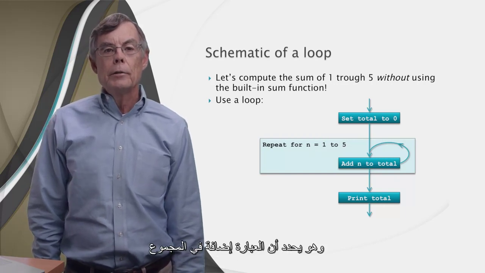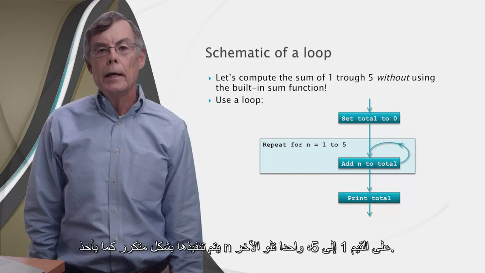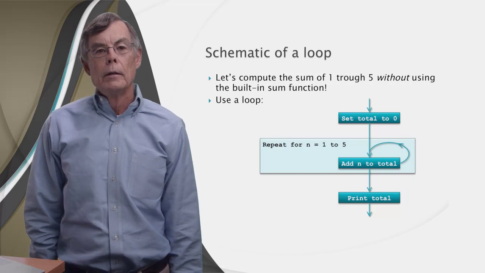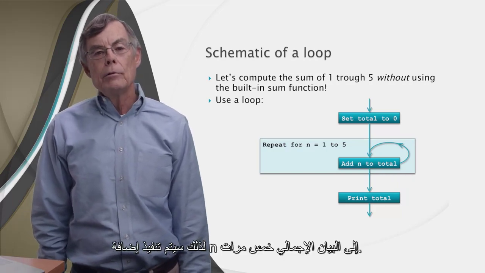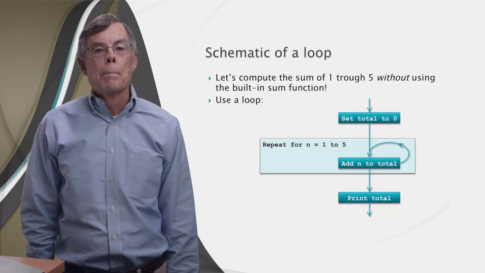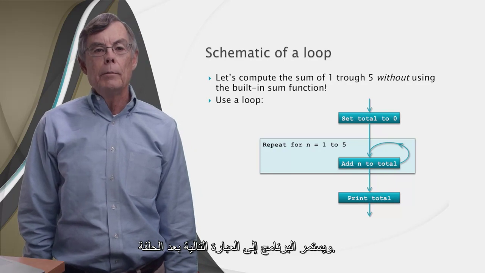It specifies that the statement add n to total be executed repeatedly as n takes on the values 1 to 5, one by one. So the add n to total statement will be executed 5 times. After the 5th time, the loop ends and the program continues to the next statement after the loop.